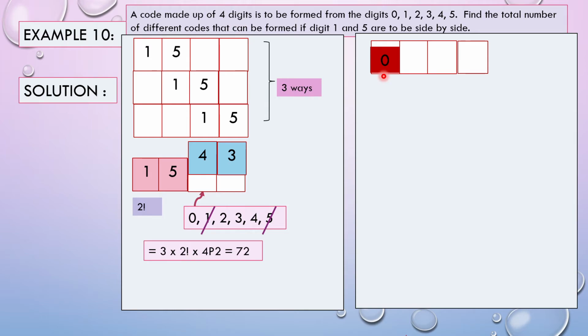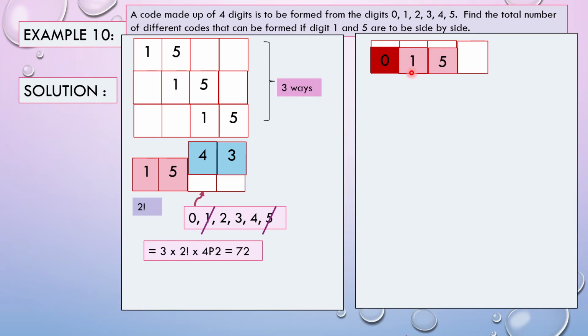So we are not supposed to insert the value 0 at the first box. So out of the 72 arrangements just now, we have to minus the arrangements where 0 is at the first box. So let's see how many arrangements have 0 positioned in the first box.